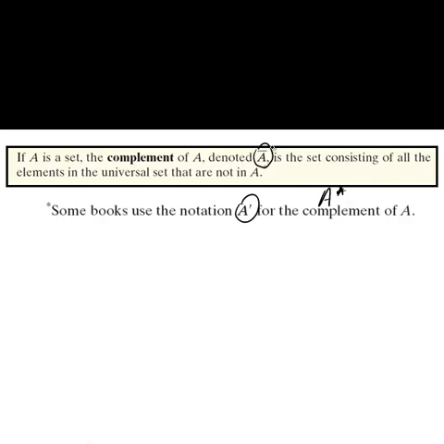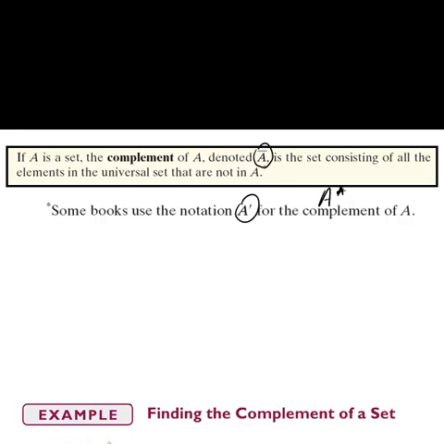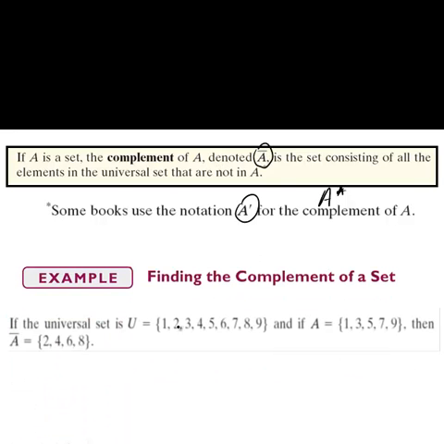All right, moving on here. So we have a set A, and we're going to take the complement of set A. For example, imagine that we've got a universal set U, the integers from 1 to 9.